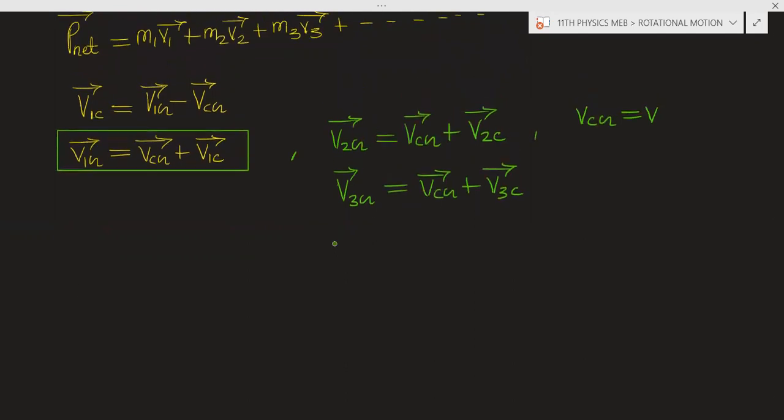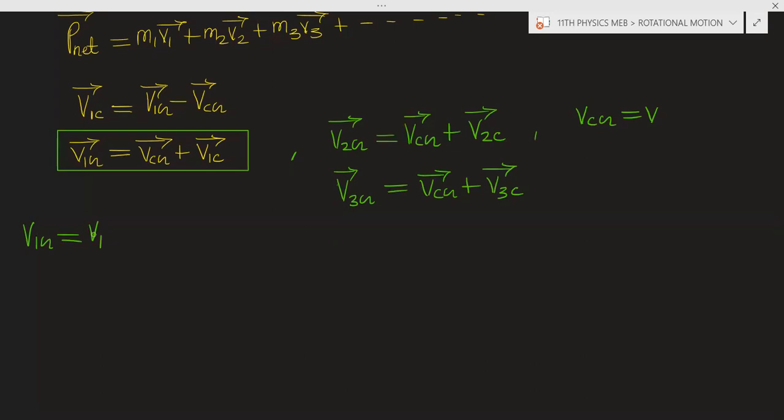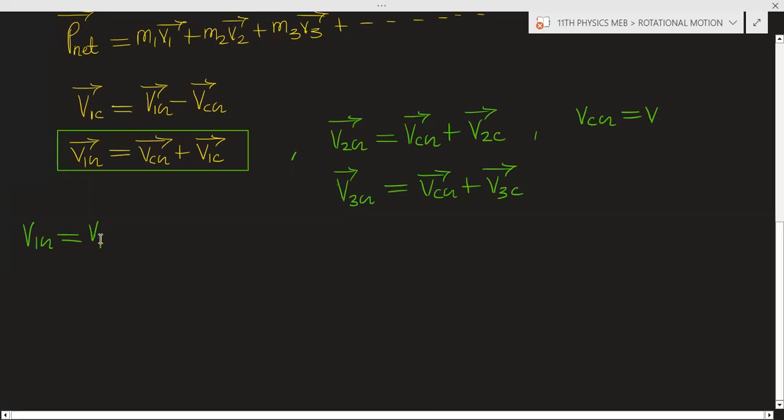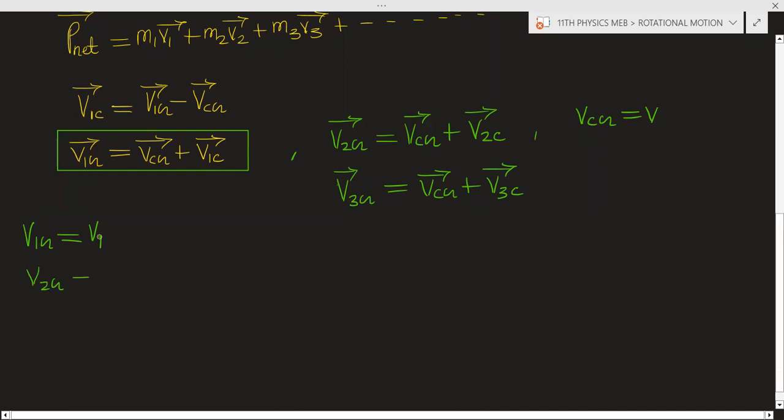If it is written that velocity of mass 1 with respect to ground, it can be written like v1 also. If nothing is given, we are assuming the velocities with respect to the ground. Similarly, velocity of mass 2 with respect to ground can be written as v2 also.